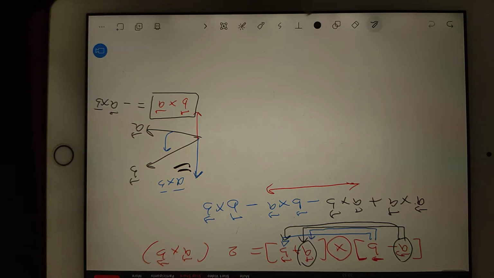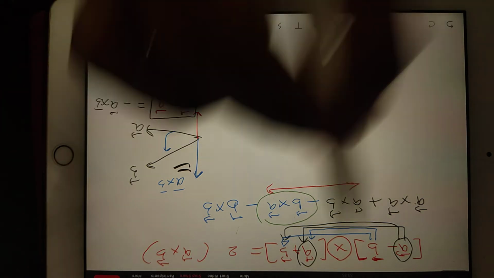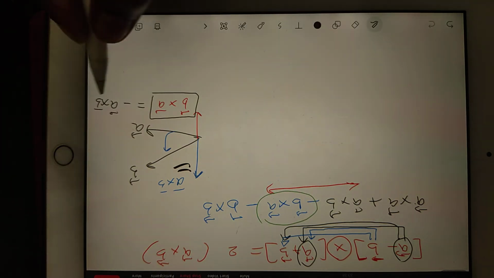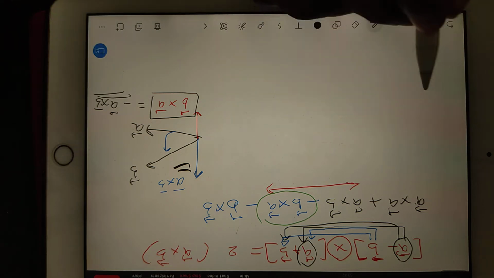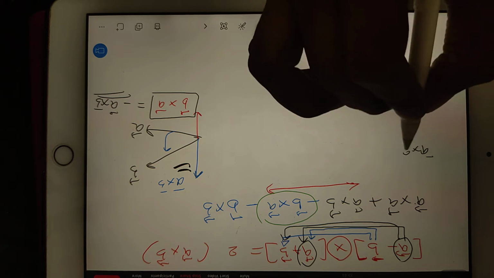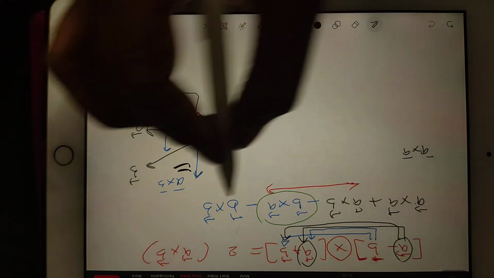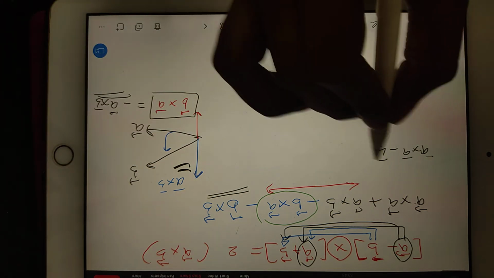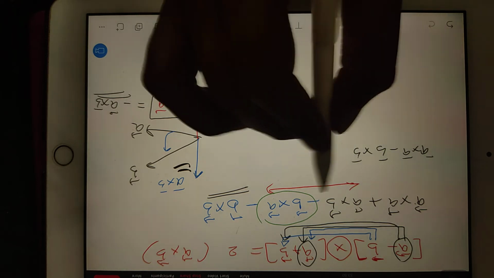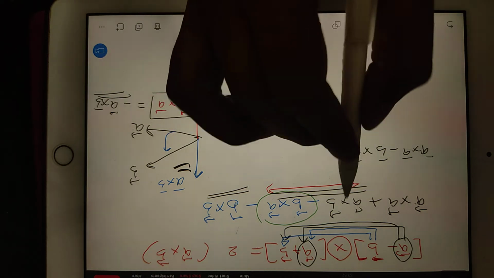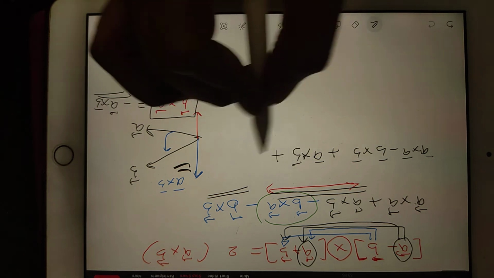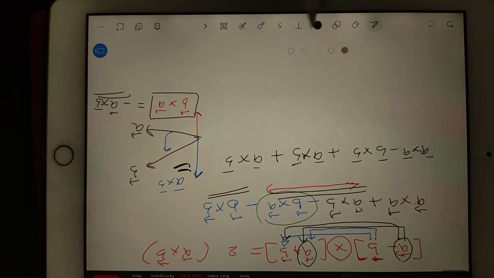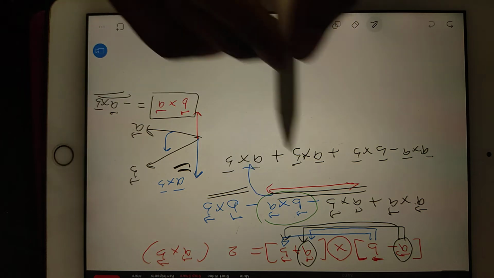So this one I can replace as minus a cross b, so it will become plus a cross b there. Okay, so a cross a I am leaving as it is, and this minus b cross b also I am leaving as it is. After that, here there is a cross b, and one more time a cross b. I hope there is no doubt about this part I changed.